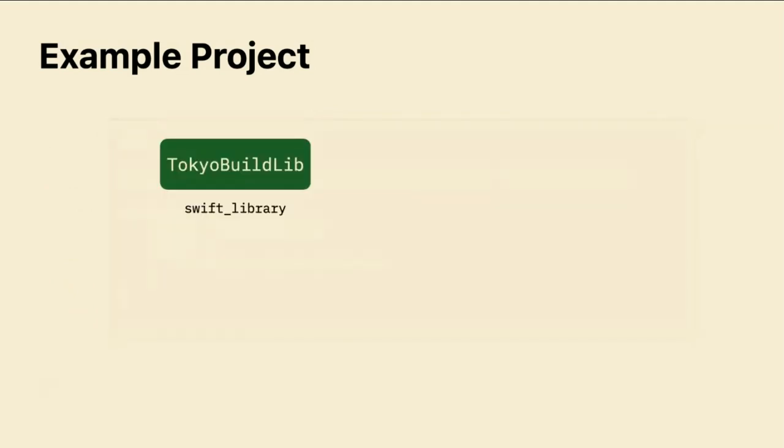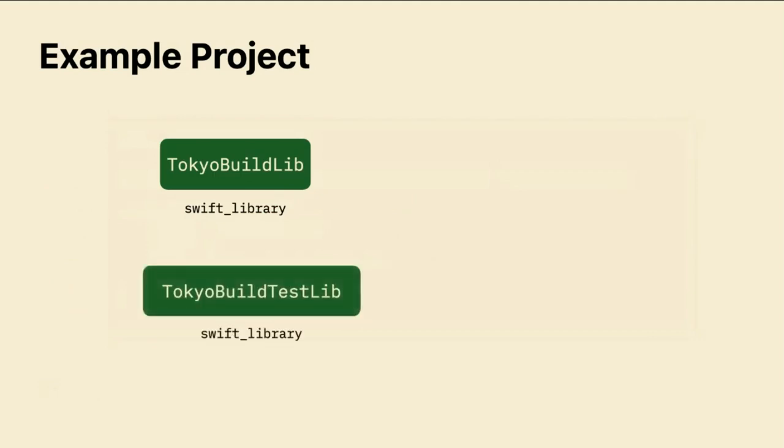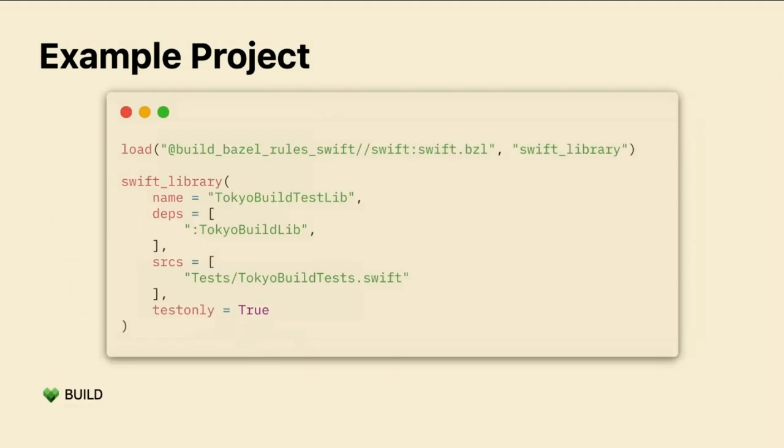The next thing we have is the Tokyo build test library. This is a bit more interesting because this is still a Swift library, and it contains Swift test code. And here's the definition. You can notice that a testonly argument exists here. This testonly argument is not from the iOS Swift rules.